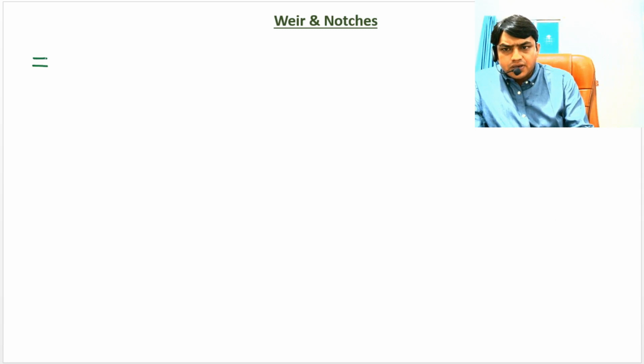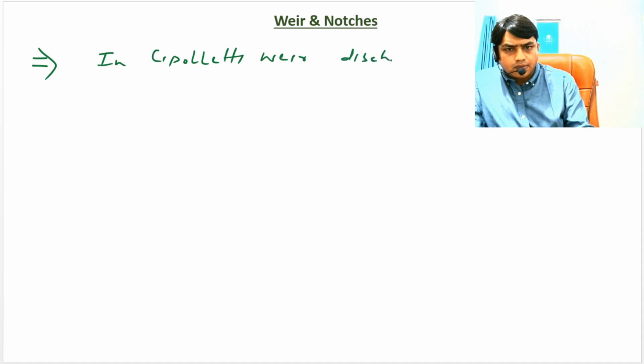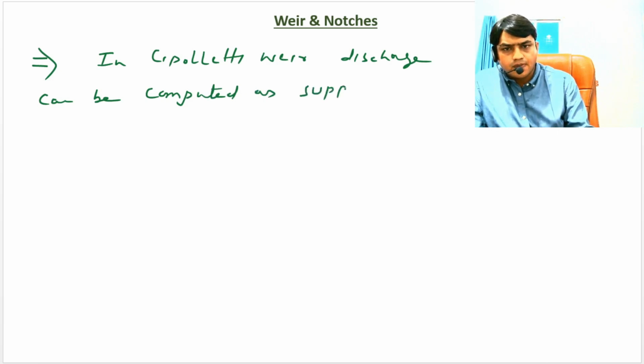In the Cipolletti weir, the discharge can be computed as for the suppressed rectangular weir formula.